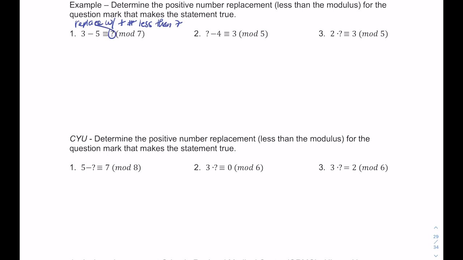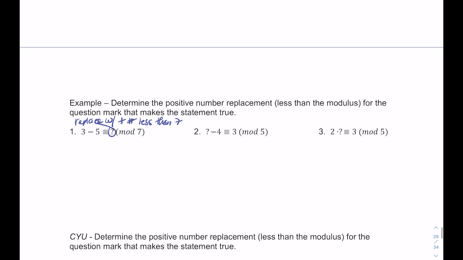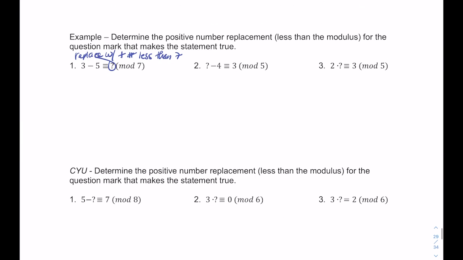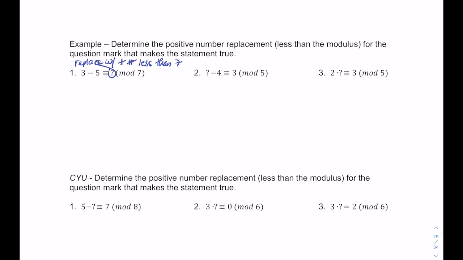So what I need to do is think about how I could work backwards to getting my answer. So you can do trial and error with this, or what you can do is take this number here, 7, and add that to the number 3.